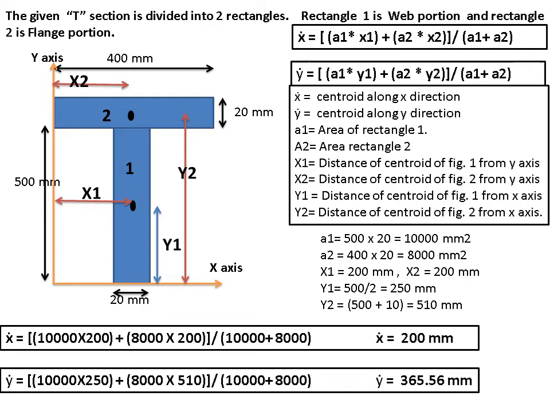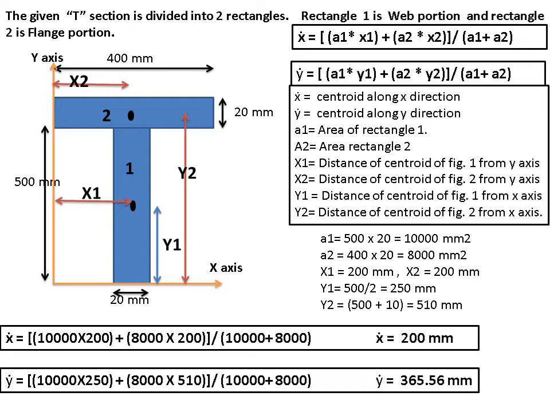Given section is T section. You have to find out centroid, that is x bar and y bar for the given section. It is a combination of two rectangles. The first vertical portion is called as web or rib, and the second rectangle horizontal portion is called as flange.